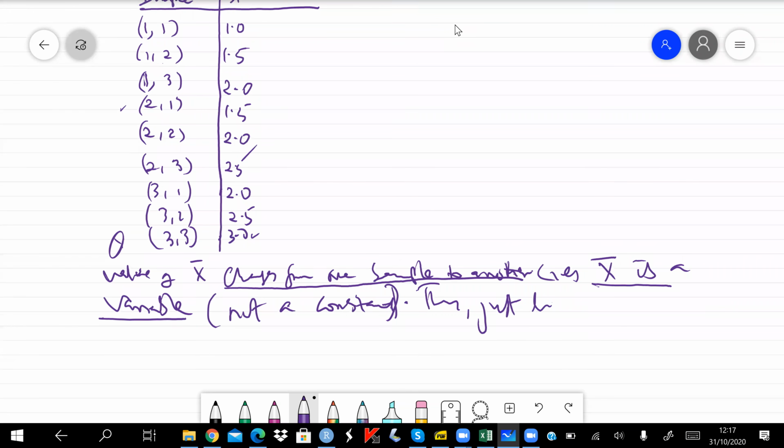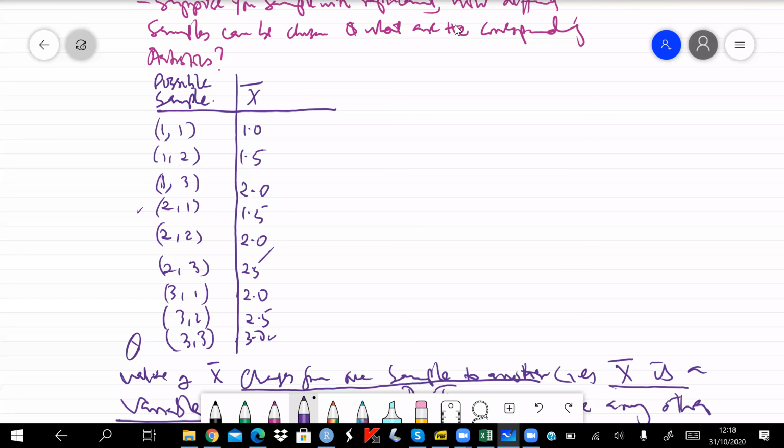Thus, just like any other random variable. Remember, these are random variables because we can assign probabilities. We said that these are random samples.